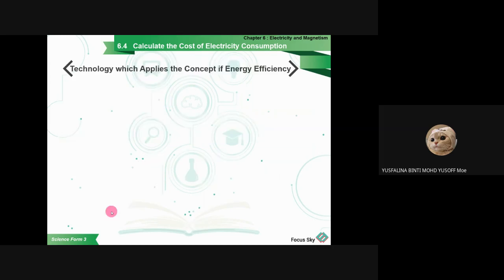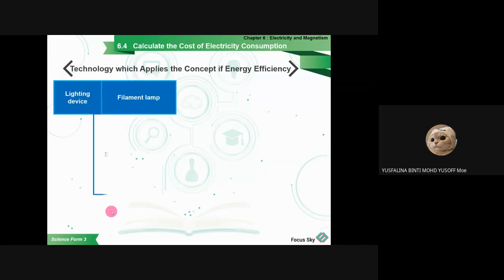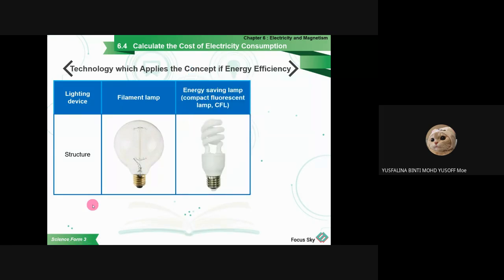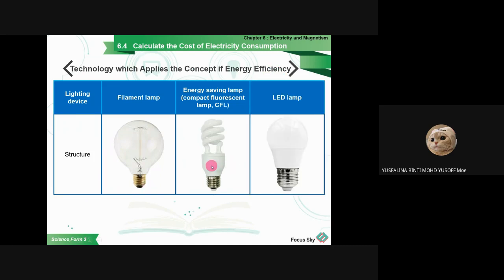Now, the technology which applies the concept of energy efficiency: lighting devices. This is the filament lamp, this is the compact fluorescent lamp, the energy saving lamp, and this is the LED. Let's compare the efficiency of these three.